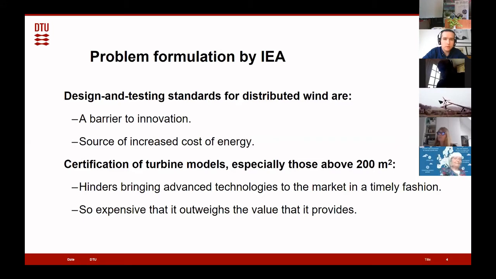Certification of turbine models, especially those above 200 meters square, hinders bringing advanced technologies to the market in a timely fashion and is so expensive that it outweighs the value that it provides. This is something that a lot of stakeholders say, that those are the problems to them.